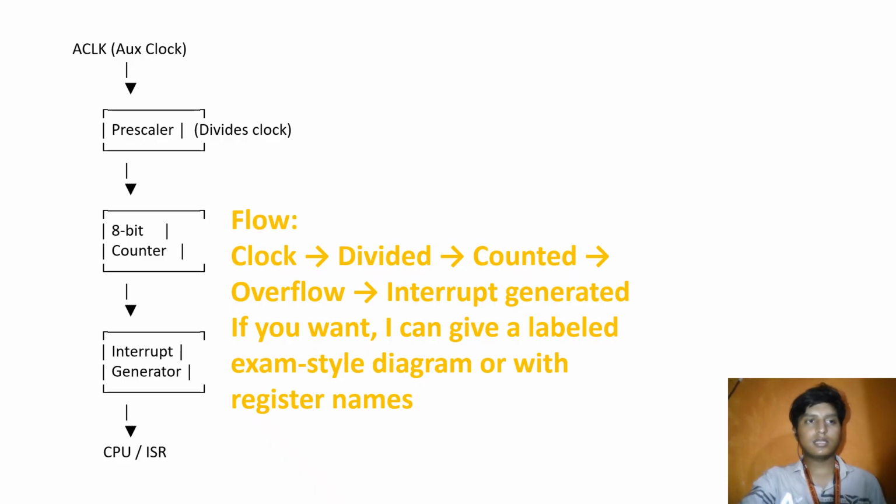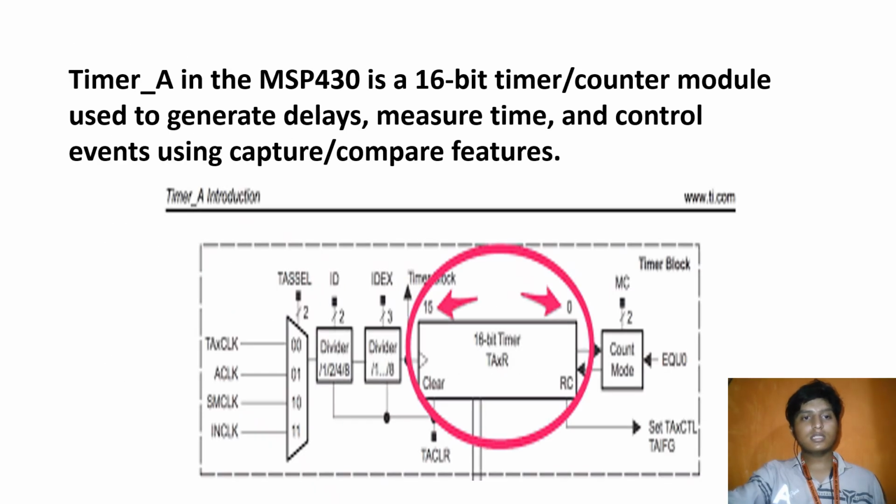This is the MSP 430 block diagram, a 16-bit timer module, used to generate delays, measure time and control events, with capture compare features. And we can see the basic diagram of the working operation of timer A. We have a clock and SM clock.